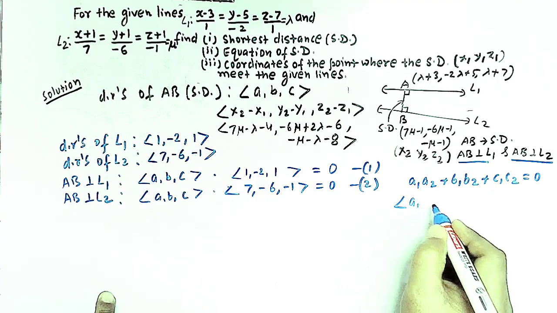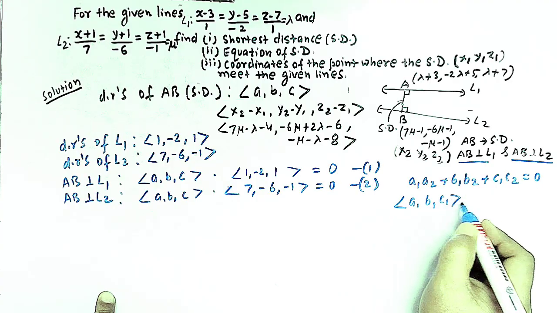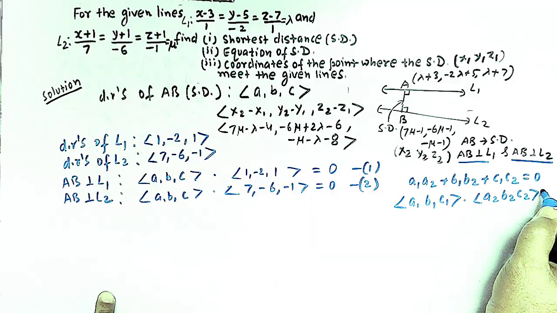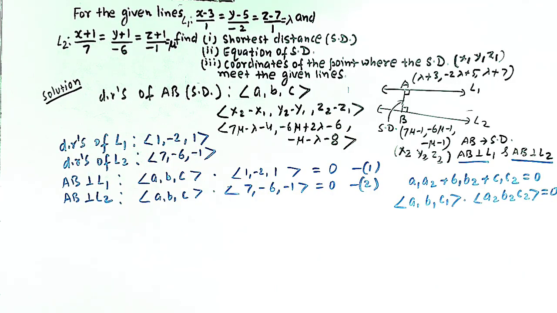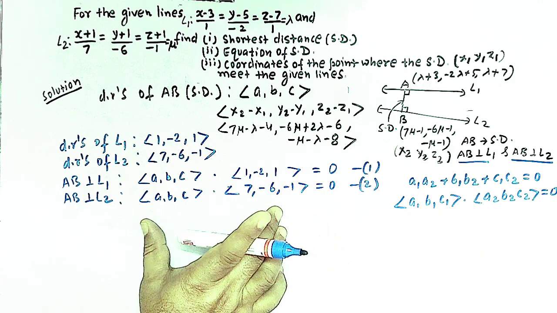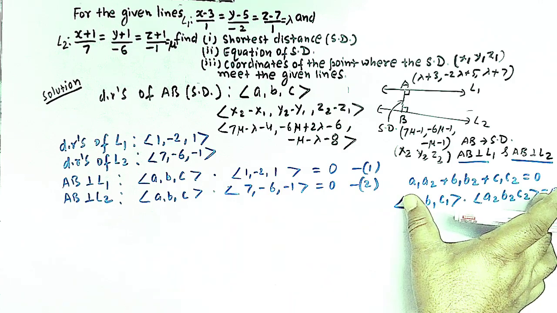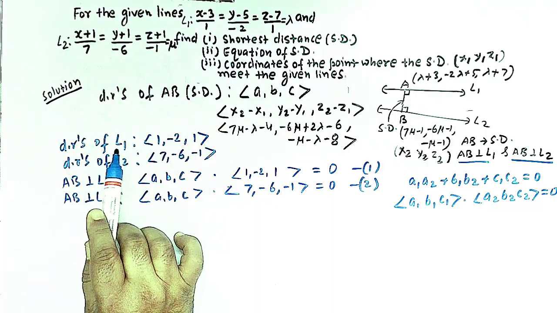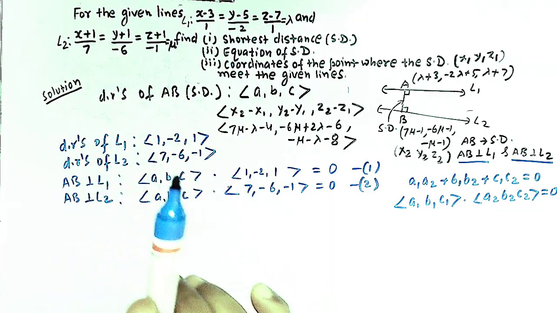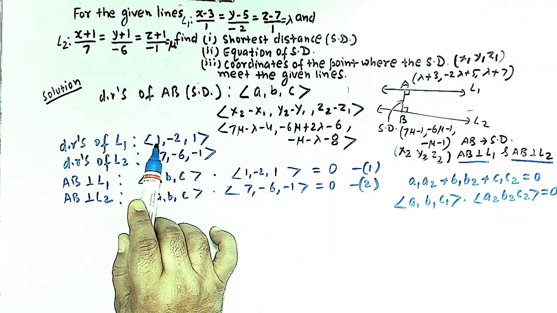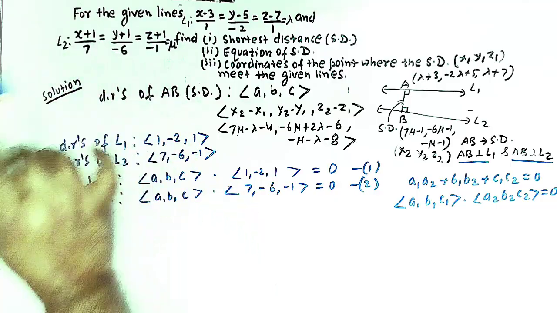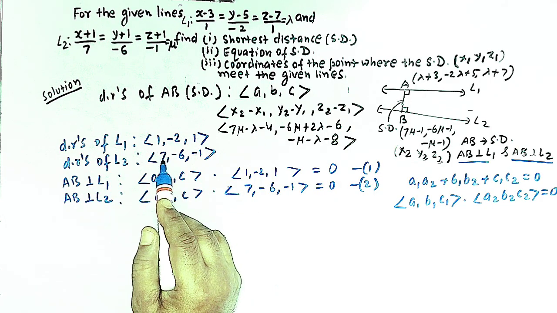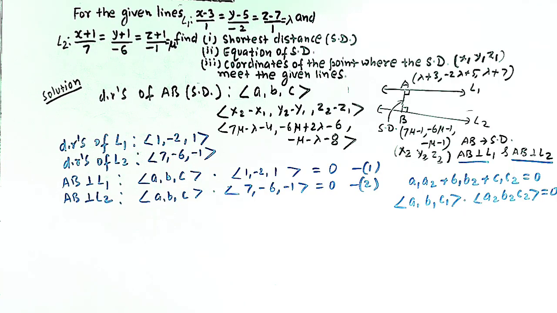That is the dot product of a1 b1 c1 with a2 b2 c2 is equal to 0, right? So here we have applied this concept. And here the line L1 is parallel to the vector 1, minus 2 and 1, and L2 is parallel to the vector 7, minus 6 and minus 1.